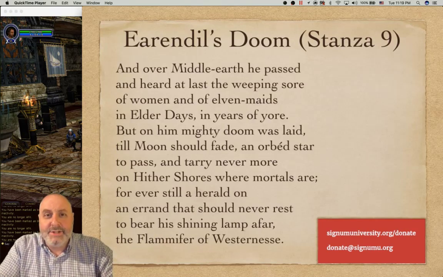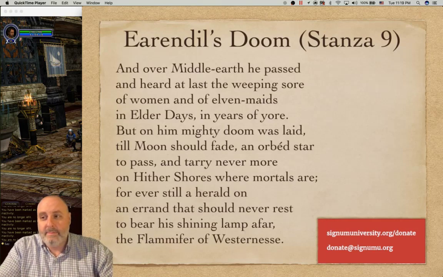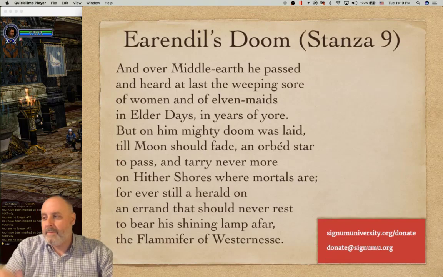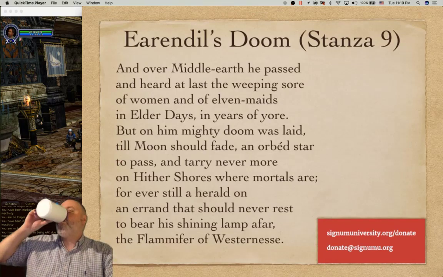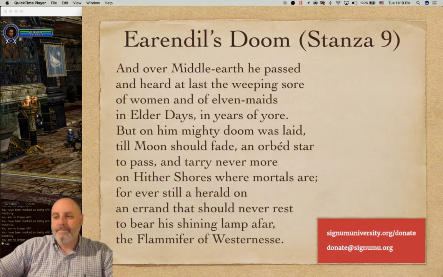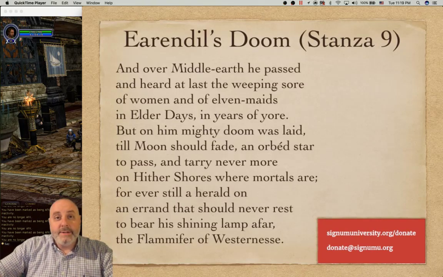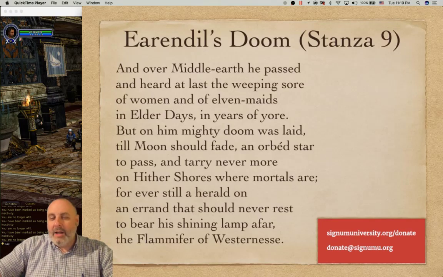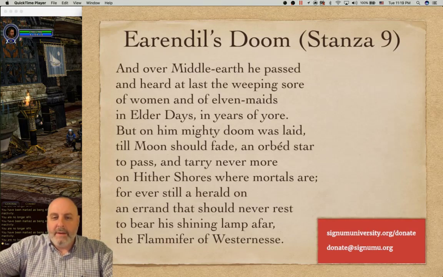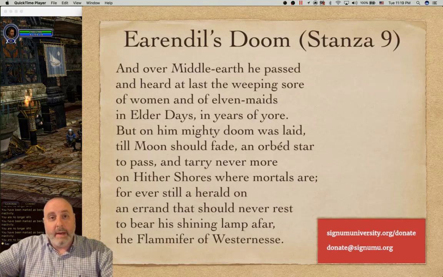Why does this sentence start with the word but? Look what directly comes before it. And over Middle-earth he passed, and heard at last the weeping sore of women and of elven maids in elder days, in years of yore. But on him mighty doom was laid.